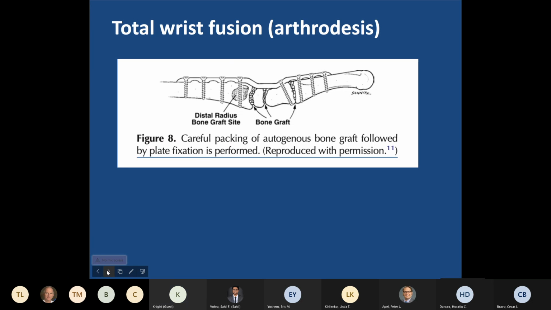So I actually tend to create a trough with my radius plate.